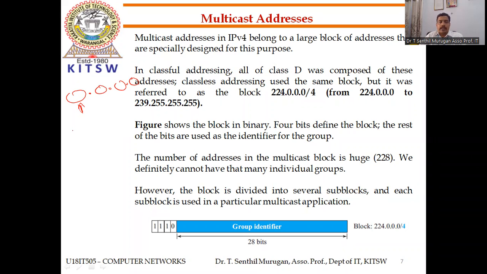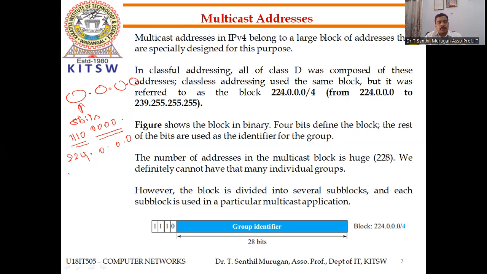The first byte has 8 bits; of these, the first 4 bits are already defined for multicasting. The remaining 4 bits, if all are 0, give the first address, which is 224. The remaining all are 0, so that's the first address.